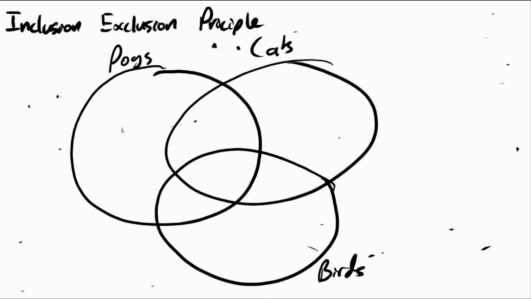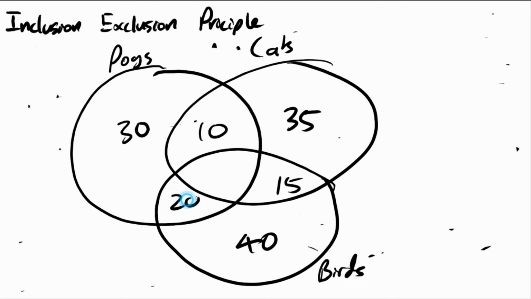Let's say 30 people like dogs, 35 people like cats, and 40 people like birds in total. 10 people like dogs and cats, 15 people like cats and birds, and 20 people like dogs and birds. And out of all of them, 5 people like all 3. How many total people are there?